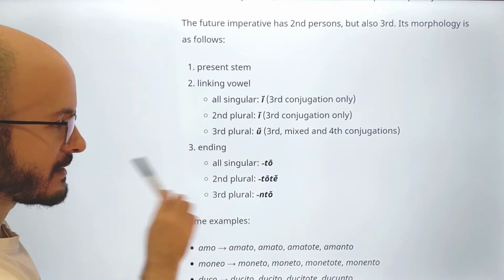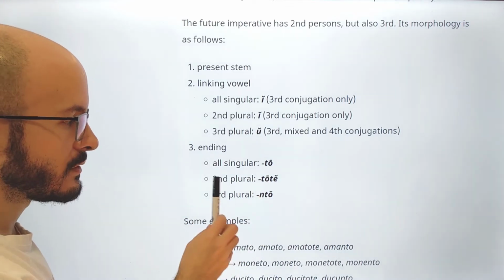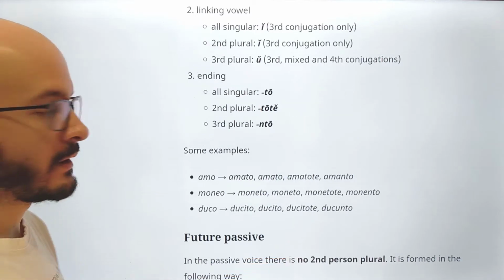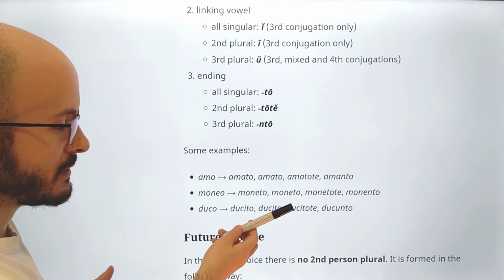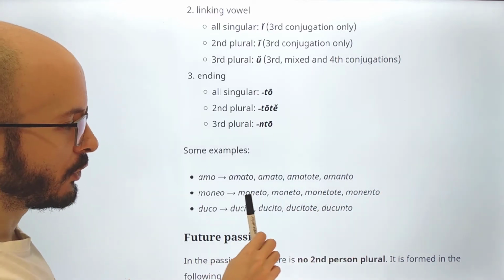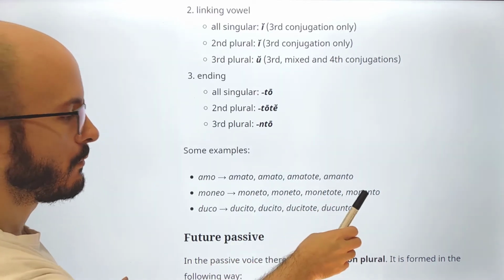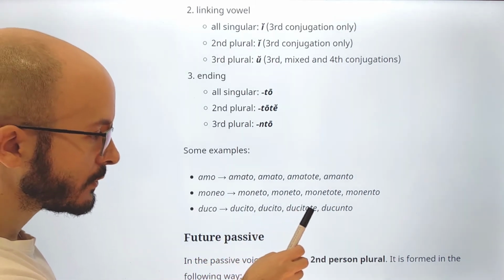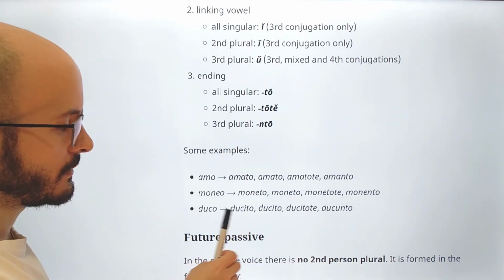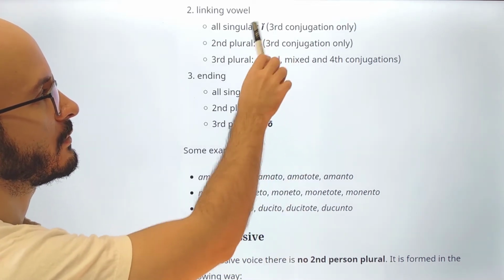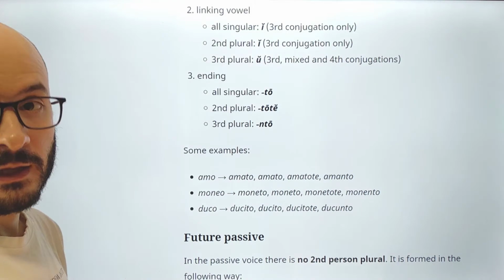And then the endings: singular is to, second plural is tote, and third plural is nto. Here we have a few examples, again with the same verbs: amato, amato, amatote, amanto. Moneto, moneto, monetote, monento. And here we have ducito, ducito, ducitote, ducunto. This is a third conjugation verb, so here we see all these third conjugation only forms.